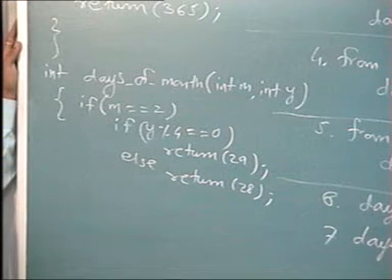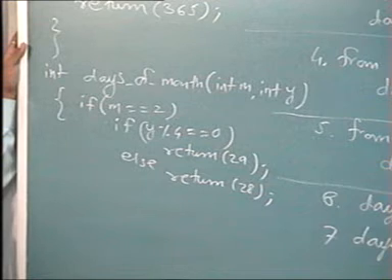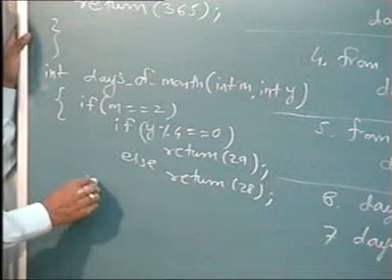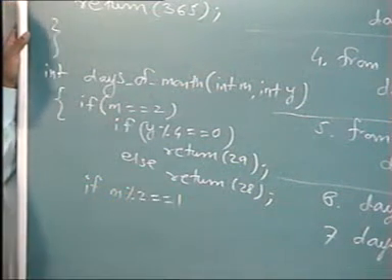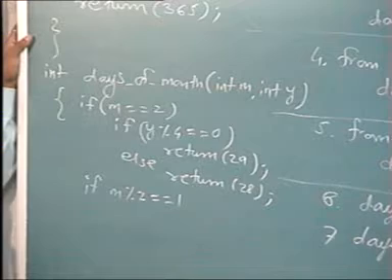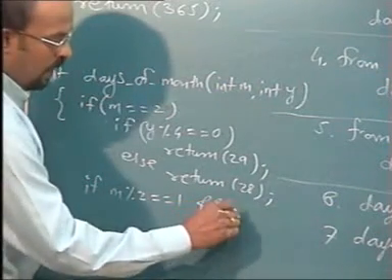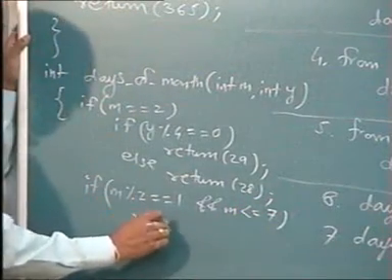You can very well do that. If m equal to 1, return 31. If m equal to 3, return 31. So we can go for if m%2 is equal to 1. That means it is an odd month, and m is less than or equal to 7, return 31.